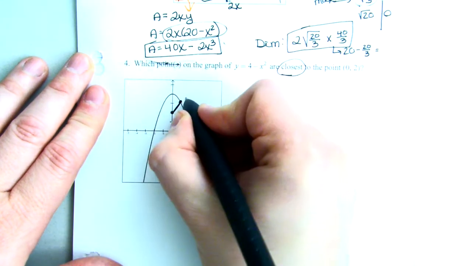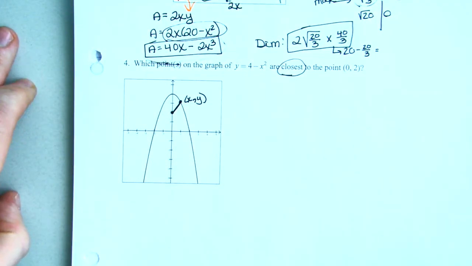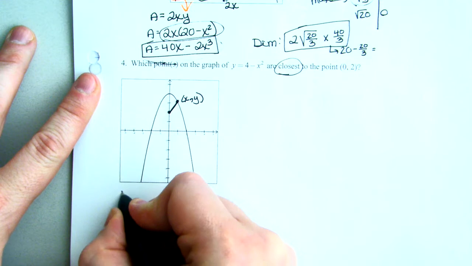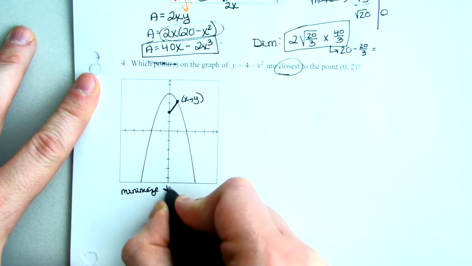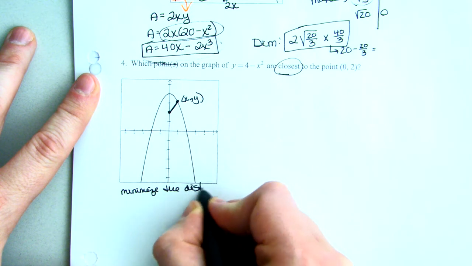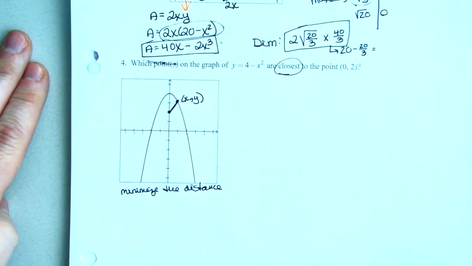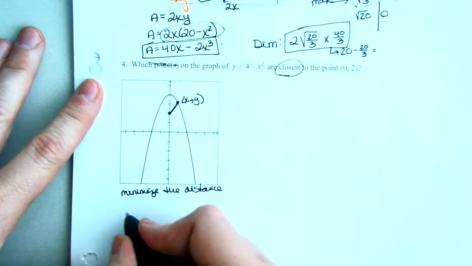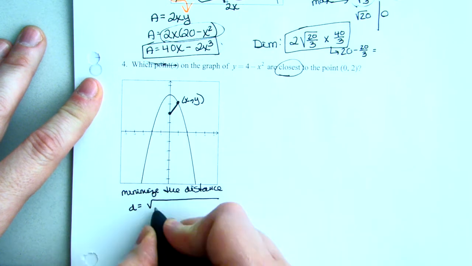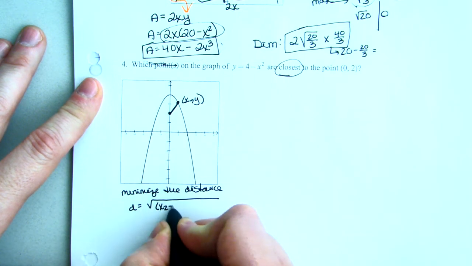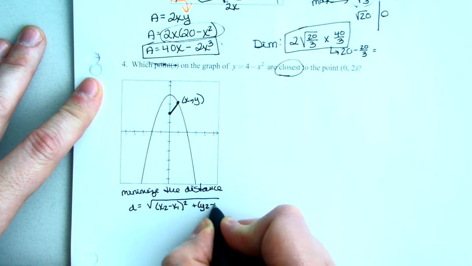Here's what we're going to do. I'm going to take a point on that parabola. I'm going to call it x comma y. I want to minimize the distance between x comma y and 0 comma 2. Hopefully you remember the distance formula that says d equals the square root of x2 minus x1 squared plus y2 minus y1 squared.